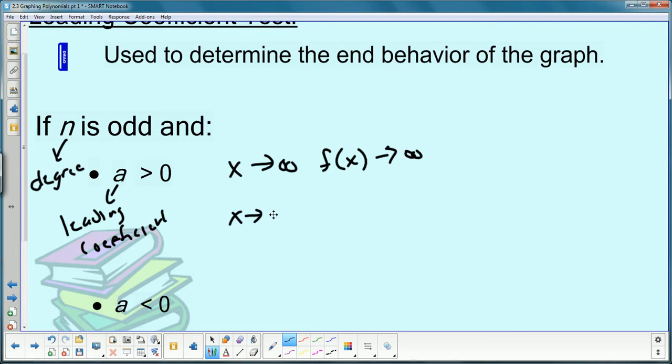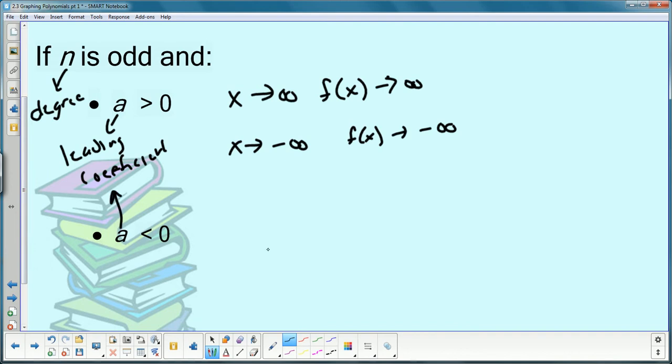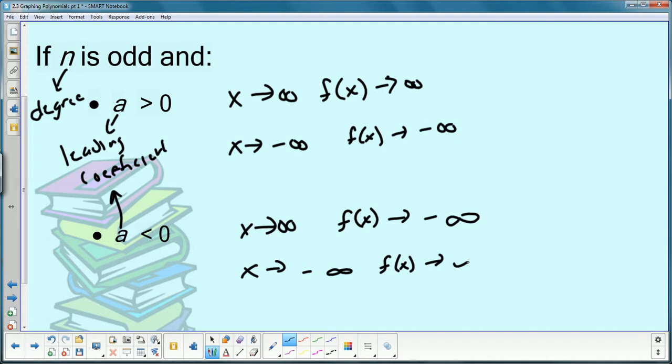And the opposite, as x goes far left, meaning negative infinity, f of x is going to be going down. When we change the sign of our leading coefficient, meaning we make it negative, then the opposite happens. As x goes far right, f of x is going down, which means negative infinity. Likewise, as x goes far left, f of x is going up. So this is when our degree is odd. That's the big piece here.